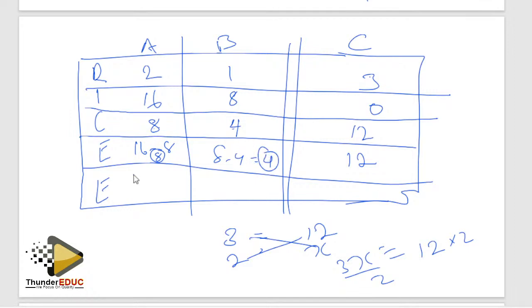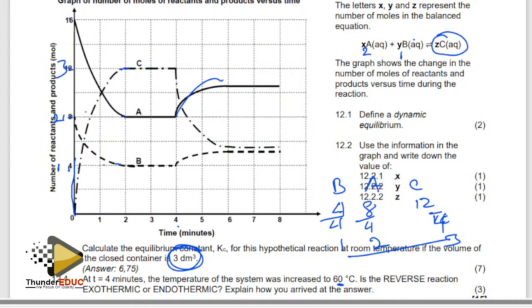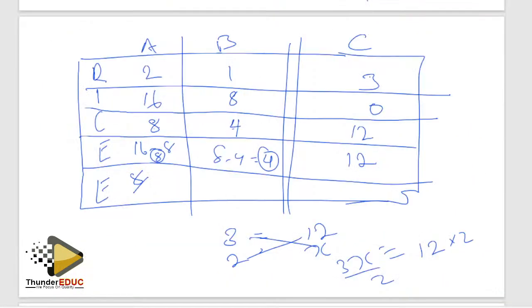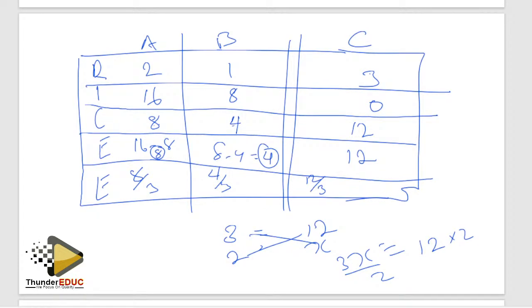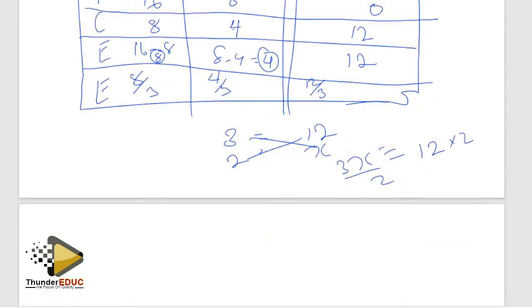Then after that, I have 8 divided by the volume, the volume which is 3, even here 4 divided by 3. Here is 12 divided by 3. So once I get there, I substitute it in the Kc expression, whereby I say that Kc is equal to, and then I get the answer.